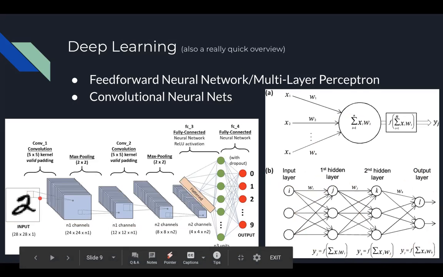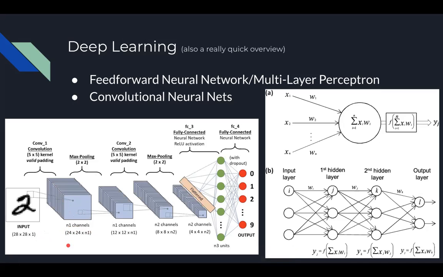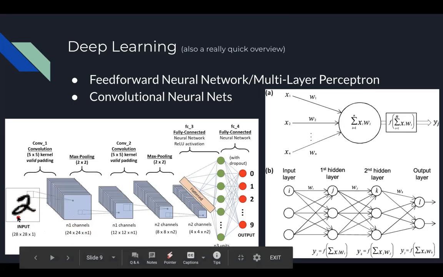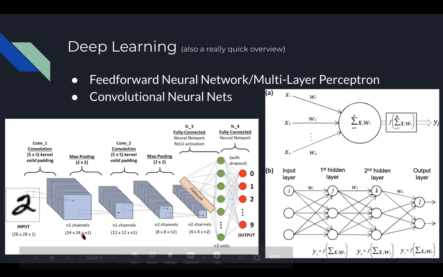Similar thing with this convolutional neural net. Your convolution operations are going to have a fixed dimensionality, right? Because we learned these filters, like this 24 by 24 by N1 filter. When we put in some new dimensionality that doesn't fit into that filter, then that's just not going to work.